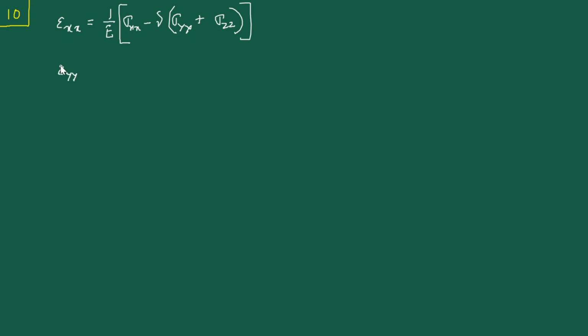Similarly, for epsilon yy, I have 1 by E times sigma yy minus nu times sigma xx plus sigma zz. Again, I can't say anything more about this. Epsilon zz, however, is 0, so perhaps there is some hope here.